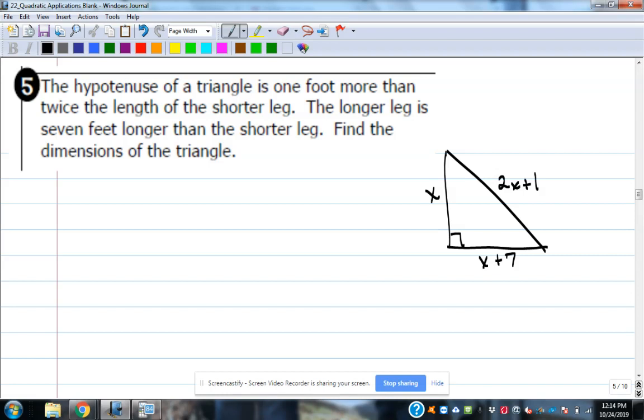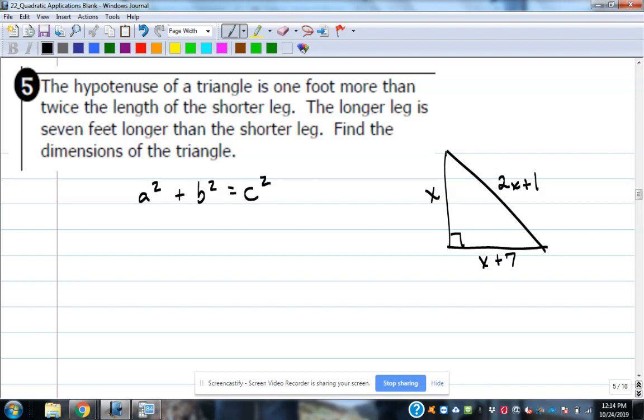Does anybody know the name of it? Yeah, the Pythagorean Theorem: a squared plus b squared equals c squared. It works for right triangles, and we have a right triangle that we can use here. So A and B are the legs, right? And C is the hypotenuse.